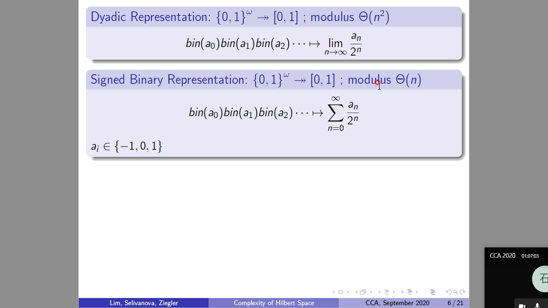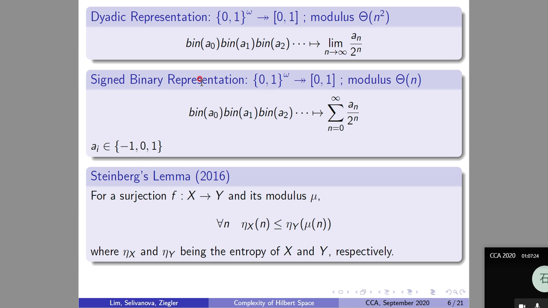But we are interested in this: is the signed binary representation as efficient as it can be? Is it in some sense optimal? Maybe we could find a representation that is asymptotically more efficient than this one, but it turns out it is not. This is because of Steinberg's lemma.